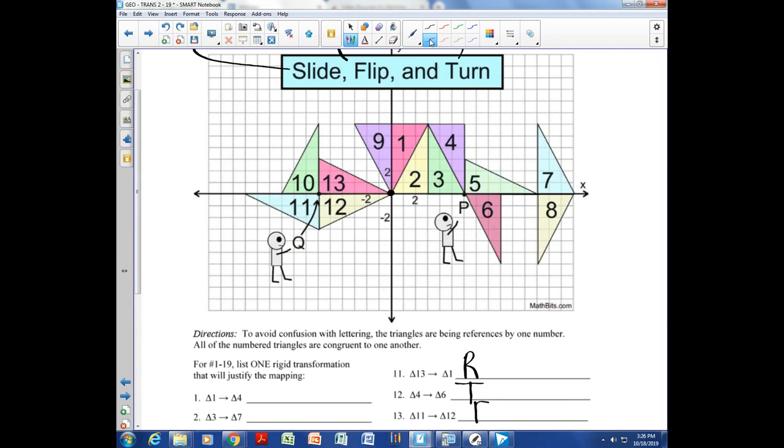Now, once you have the notation down, the letter, we need to add the subscript. So in number 11, to move triangle 13 onto triangle 1, that would be a rotation around the origin.